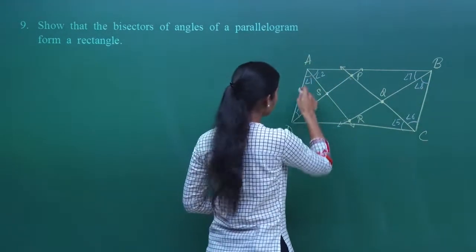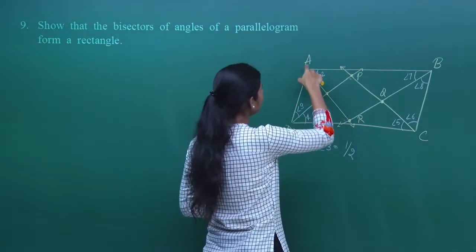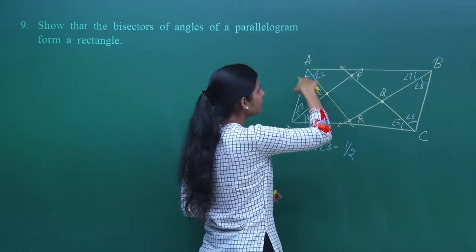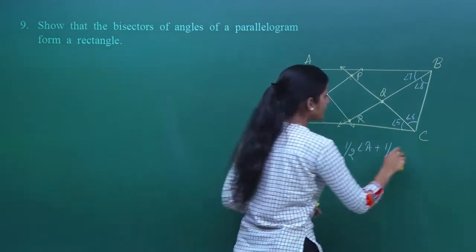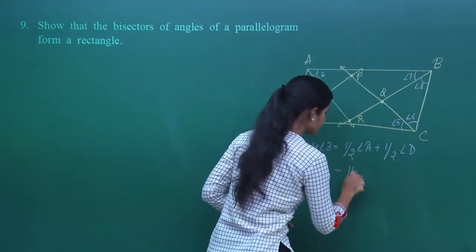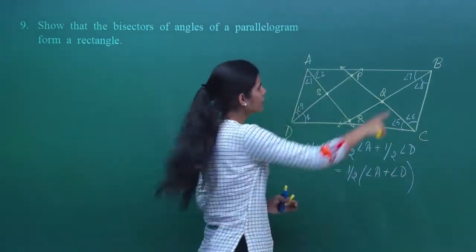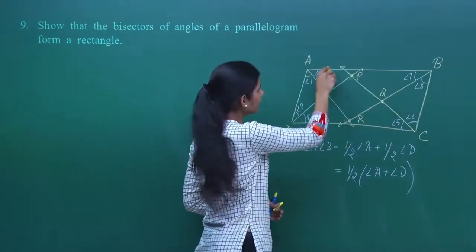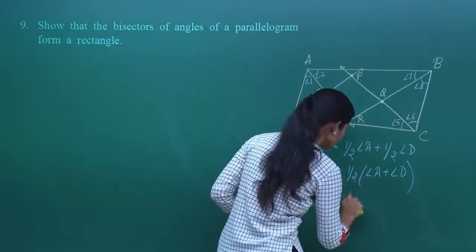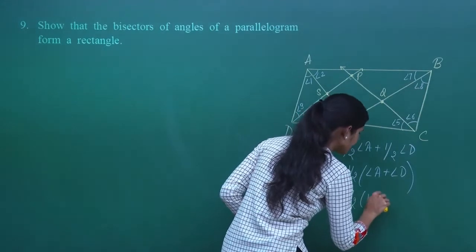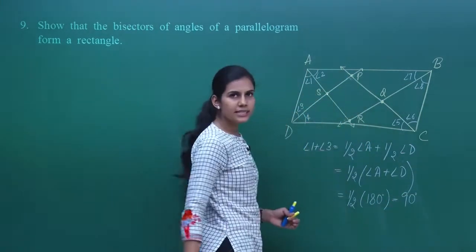If I talk about angle 1 plus angle 3, it is half of angle A, and angle 3 is half of angle D. So it is half of angle A plus angle D. Because ABCD is a parallelogram, angle A and angle D are co-interior angles, so their sum is 180 and half of 180 is 90. So you get that angle 1 plus angle 3 is 90.